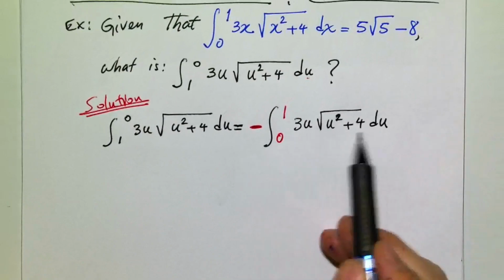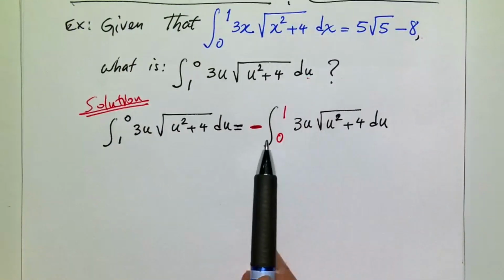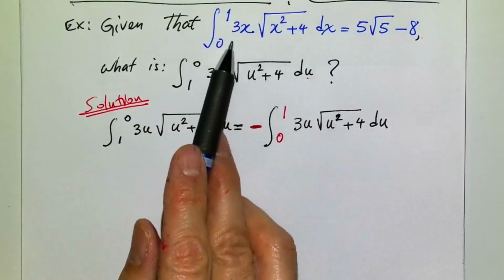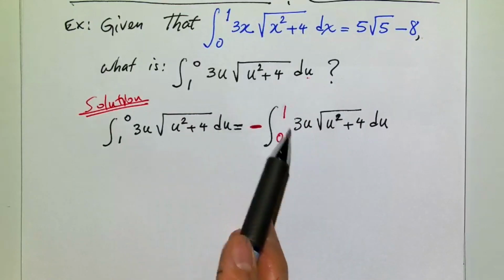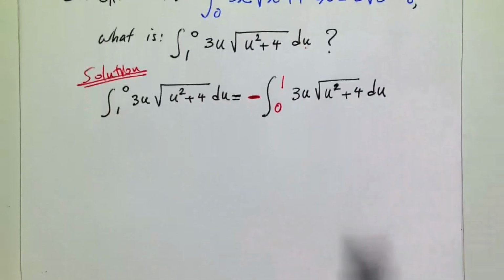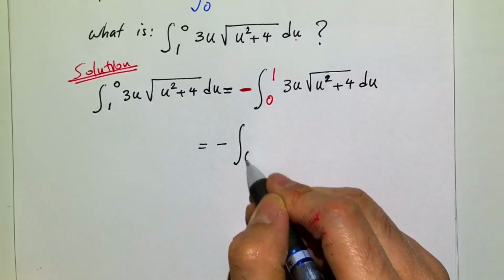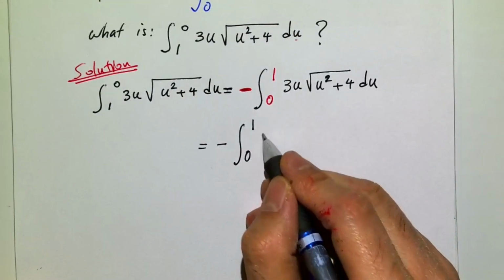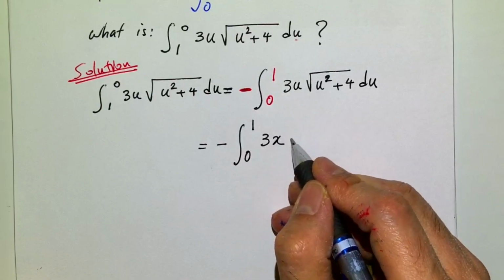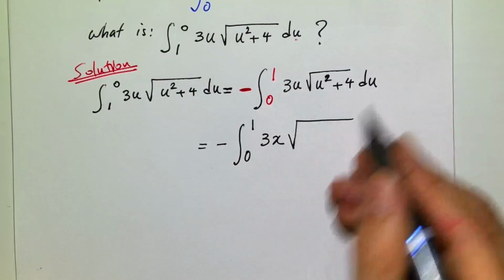Now compare this with that. Really, this is equal to that. If we replace u back with x, we get that. So we have minus the integral from 0 to 1 of 3x. That's just replacing u with x. That's all.